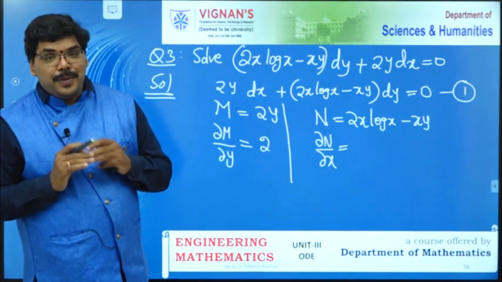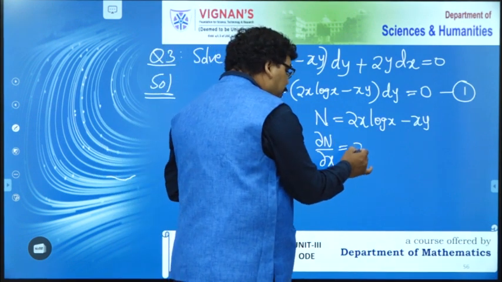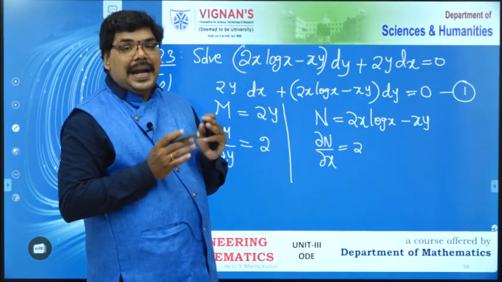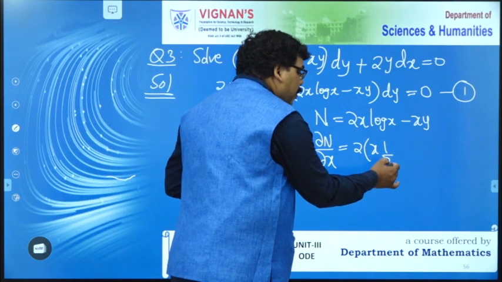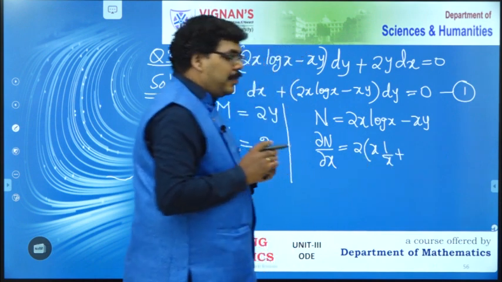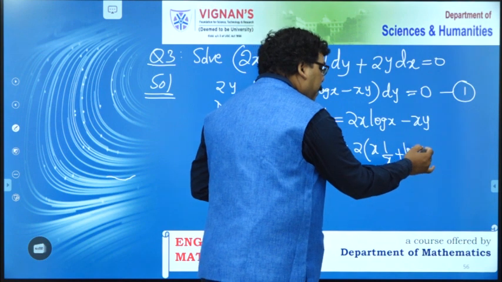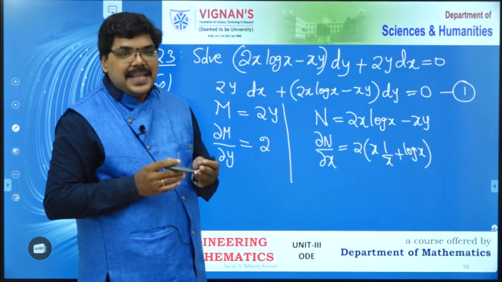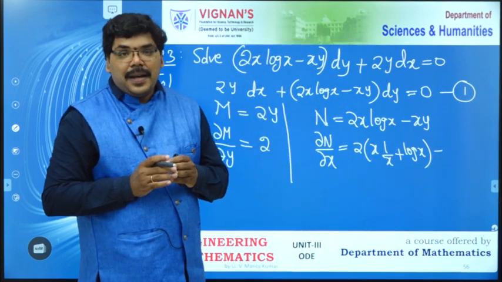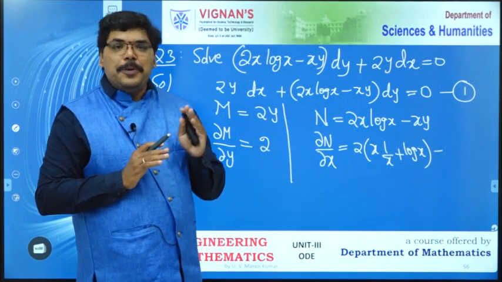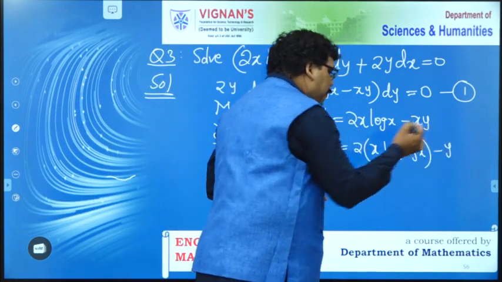You need to apply the UV rule, the product rule of differentiation. 2 into x log x: x into derivative of log x, 1 by x, plus log x into derivative of x, 1, minus derivative of xy. Don't apply the product rule. Y is constant, so derivative of x is 1.